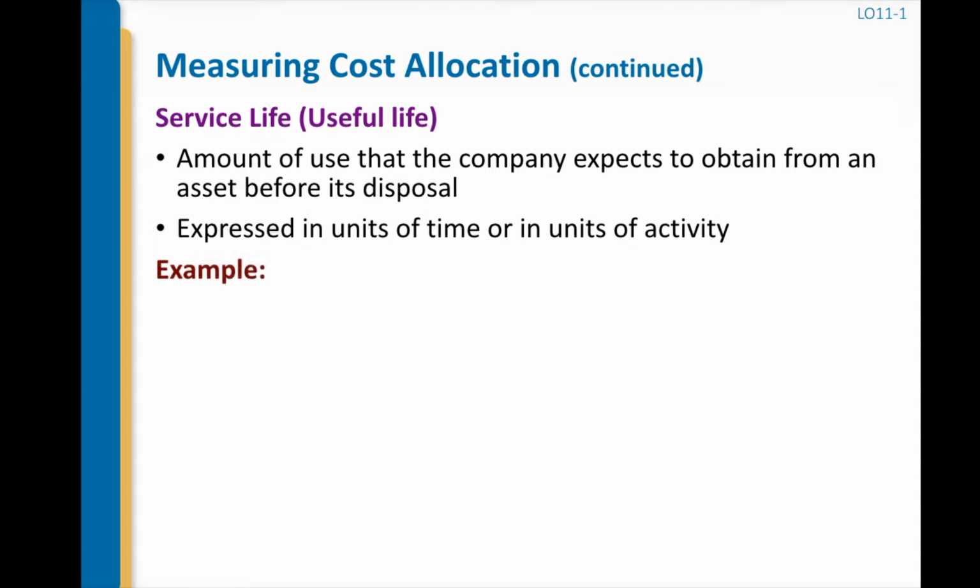Typically, what the GAAP guidelines call for is to pick a cost allocation method that makes economic sense, or that has an economic purpose.